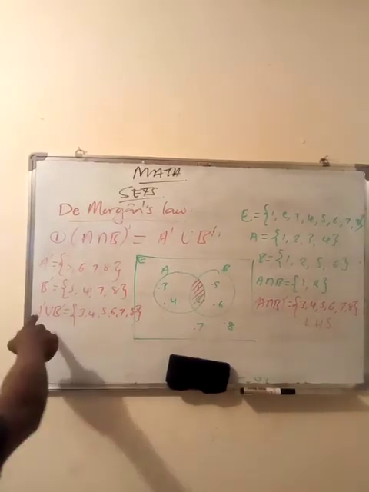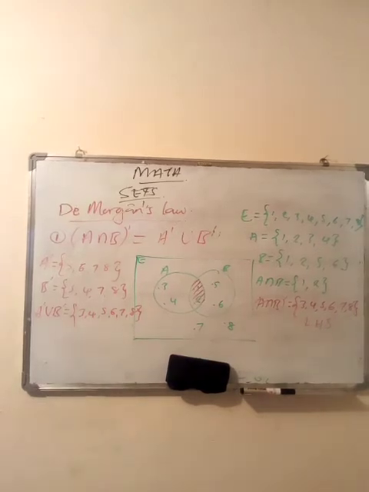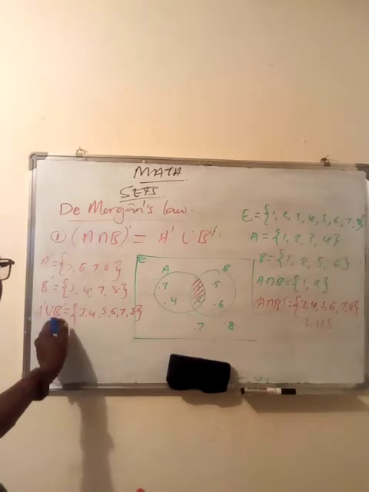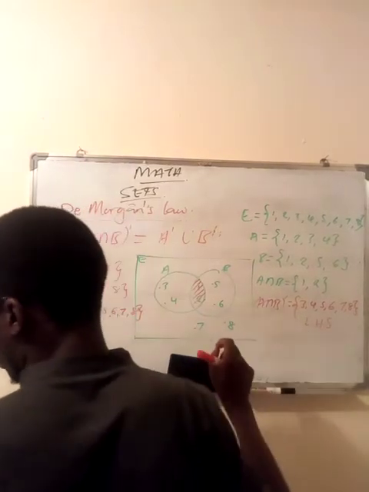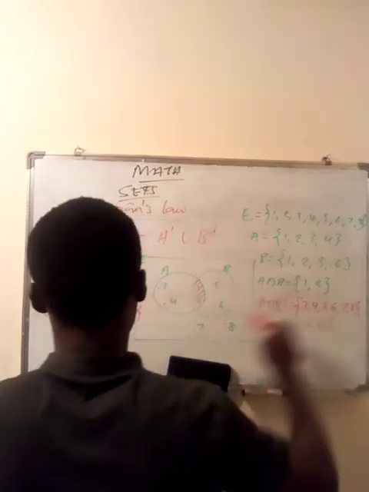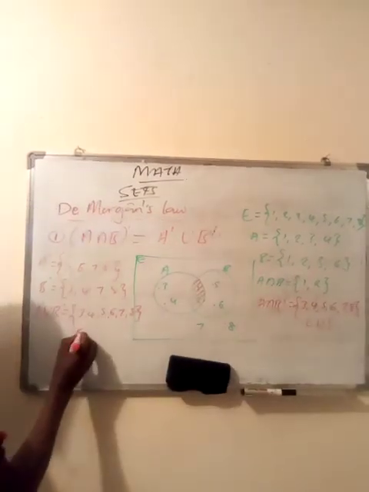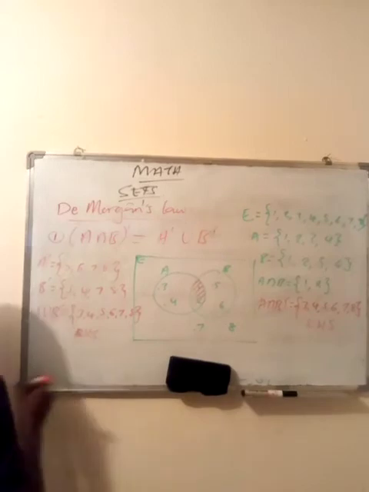So if we start with statement 1, remember we're saying that A intersection B complement is a subset of A complement union B complement. Then we say let X be a member of what is on the left, which is A intersection B complement.